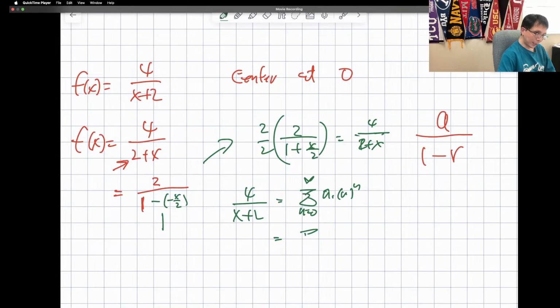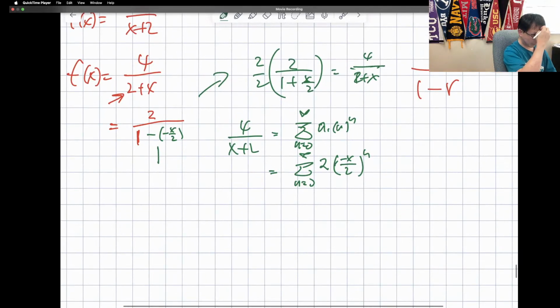What will be a1 here? A1 here is 2, right? And what is r? It's negative x over 2 to the n. And you could theoretically factor out the negative 1 to the n, but just leave it like that.